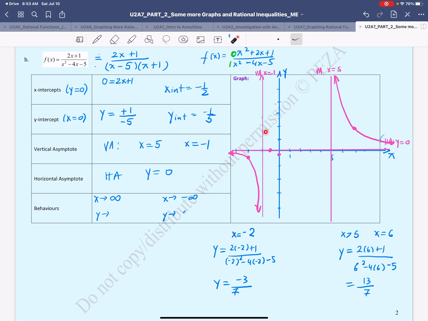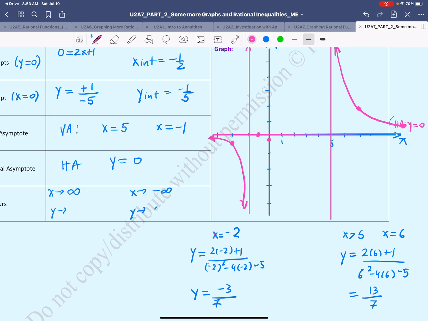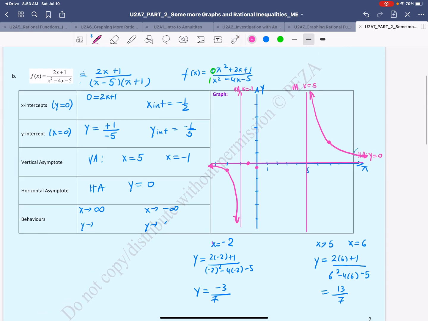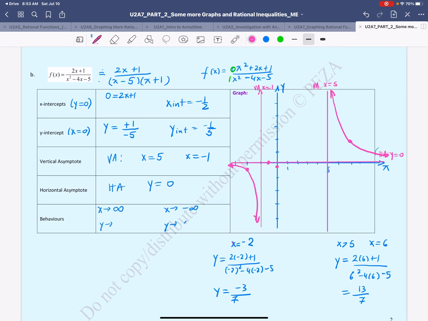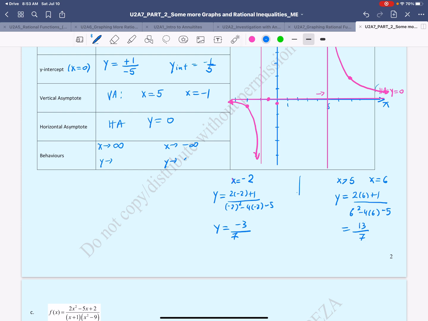One is to the right of the left asymptote, and one is to the left of the right asymptote. It's like a play of words here. So I'm going to check left of 5, so I will pick an x value equal to 4.